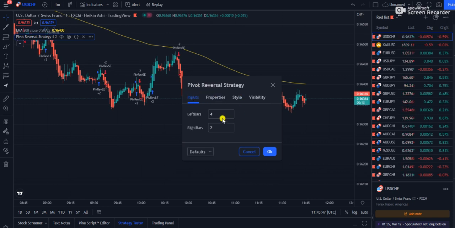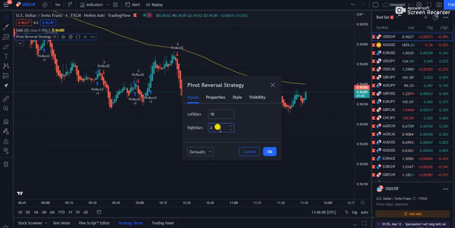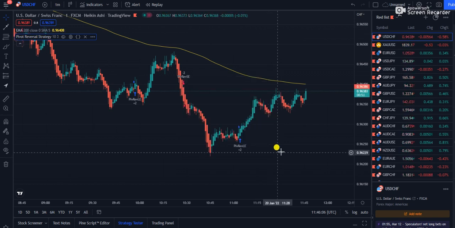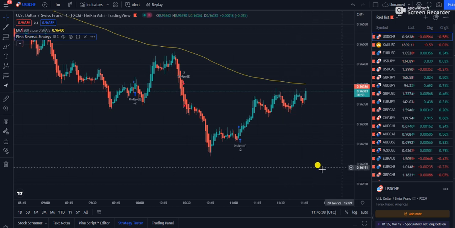Here you can see that we have left bars equal to 4 and right bars equal to 2. We have to change the first one to 10, and the second one, the right bars, we will change to 3, and then we will click on the OK section.